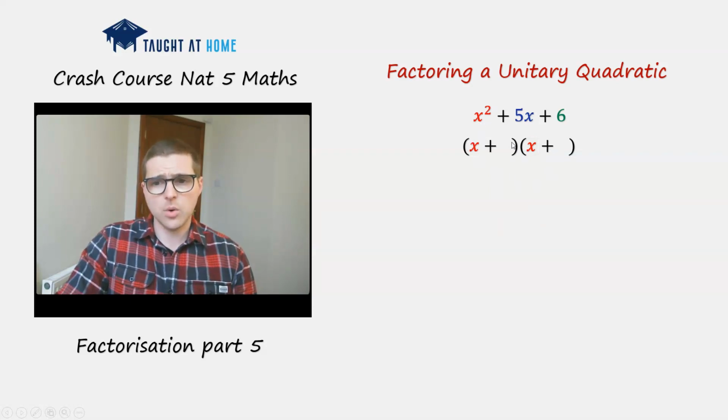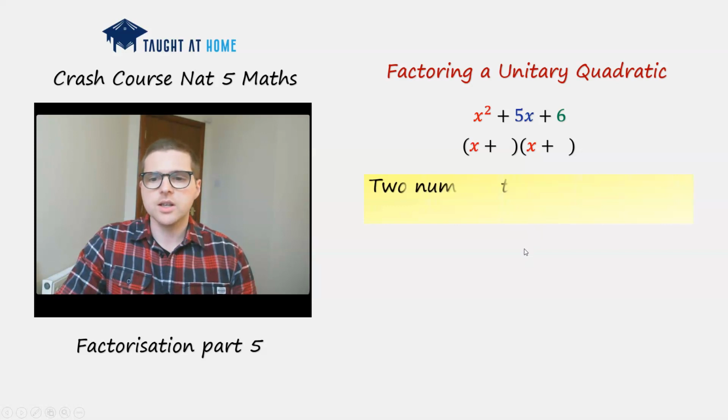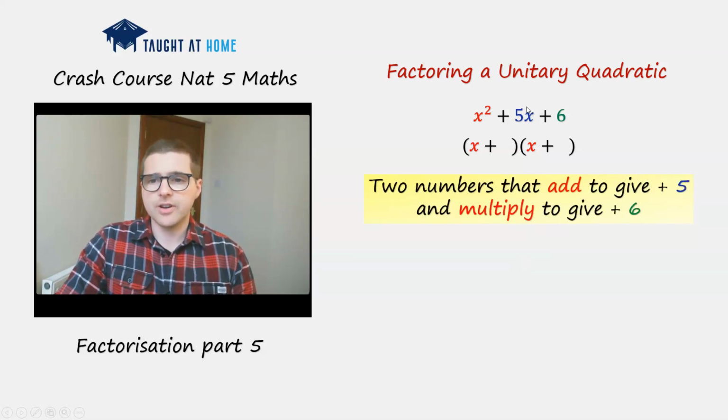Now we need to figure out what number goes in the brackets. So the technique that we use here is we want two numbers that add to give 5 and that multiply to give 6.